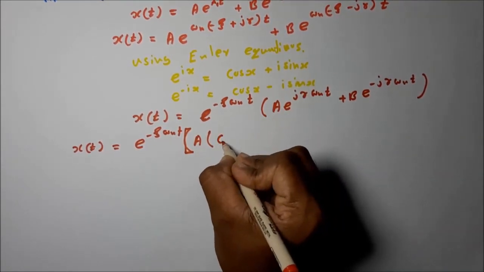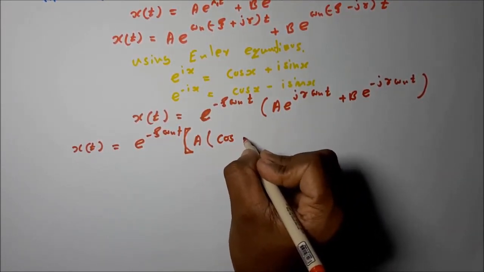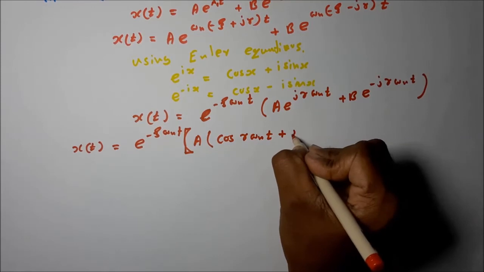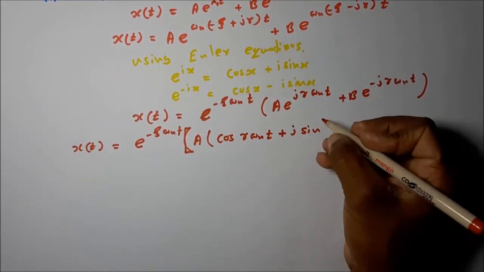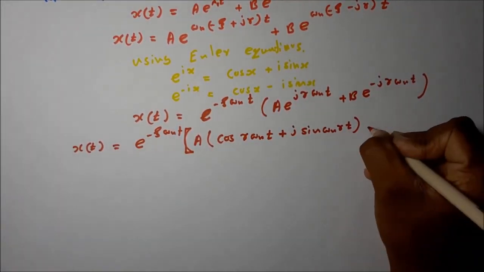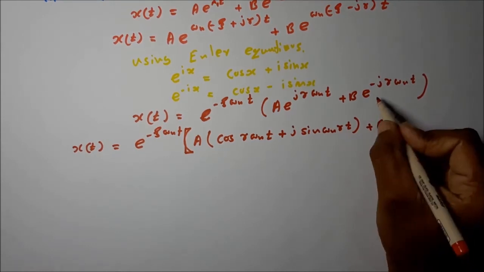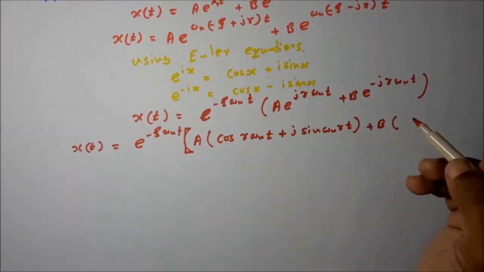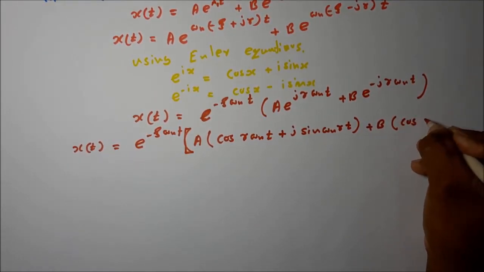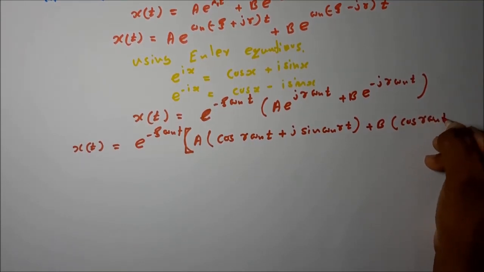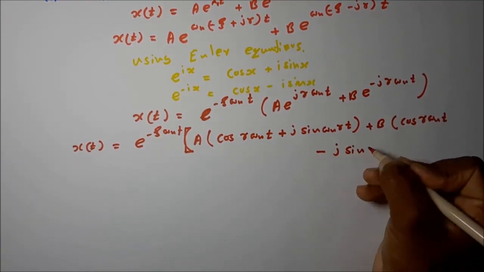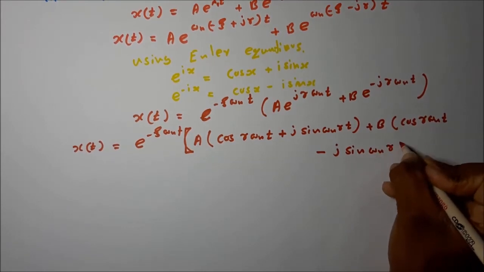We can write cos gamma omega n t plus j sin gamma omega n t, plus B. For this term we use the same Euler formula: cos gamma omega n t minus j sin gamma omega n t.